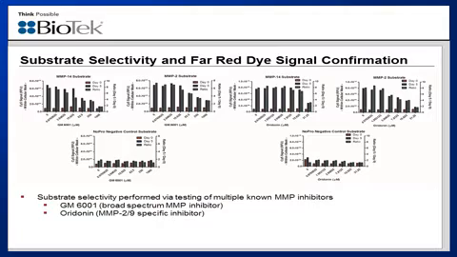Two different types of inhibitors were tested: again, GM6001, the broad range MMP inhibitor, and oridonin, which is a selective inhibitor for MMP2 and MMP9.